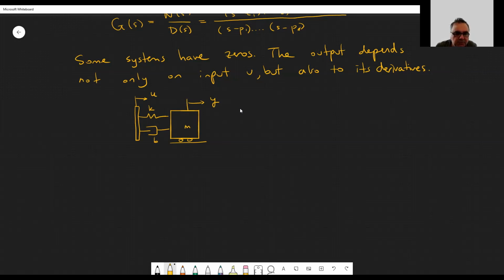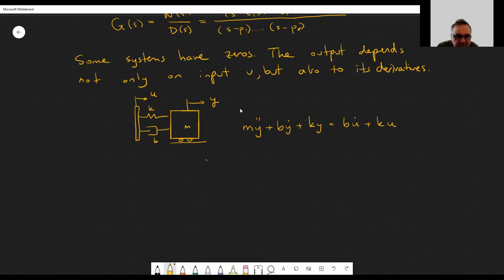The equation of motion of this system is going to be m y double dot plus b y dot plus k y equals b u dot plus k u.